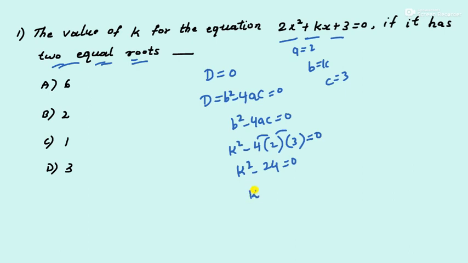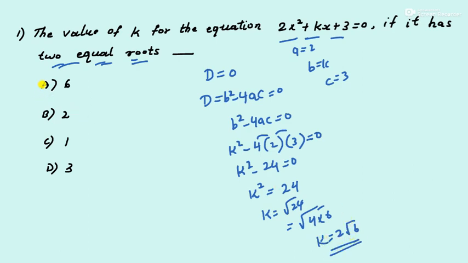So k square will be 24, so k is root 24. It can be written as root of 4 into 6, which is 2 root 6. So the answer for k is 2 root 6.